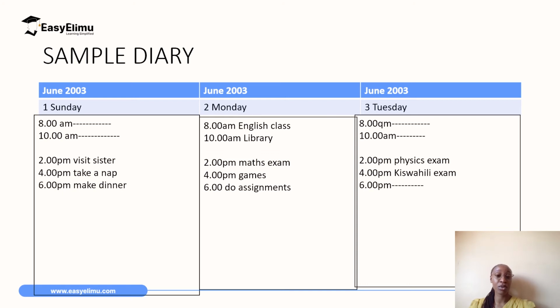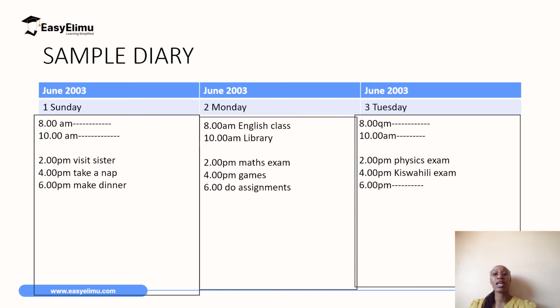So for example, when you look at 1st June 2003, at 2 p.m. it says, visit sister. It is very short, precise, and to the point. Instead of saying, I will visit my sister, you just write, visit sister, take a nap, instead of, I will take a nap. So that is the essence of diaries.